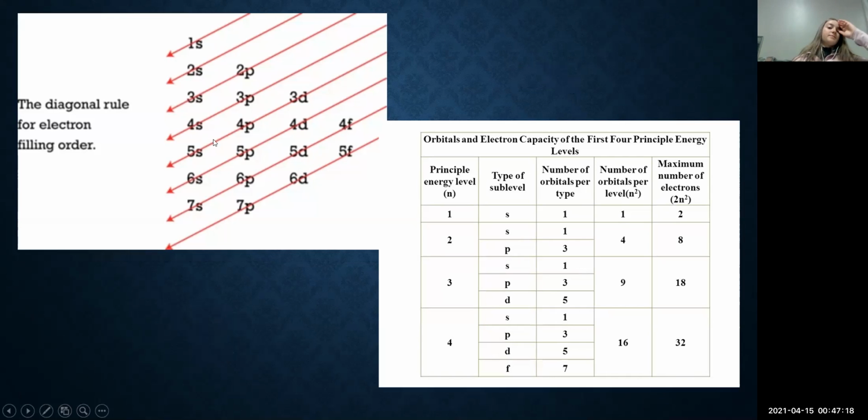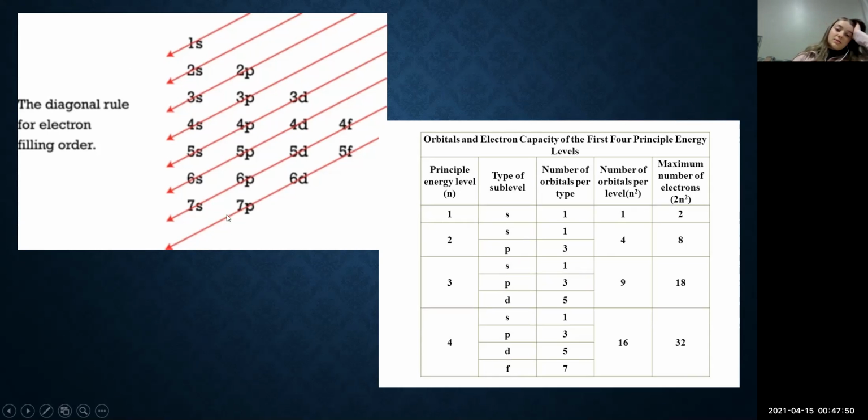But if you remember this little chart, this shows you from top to bottom the highest energy levels per orbital. So you just go S in the first column, P and D and F, and then just number 1, 2, 3, 4, 5, 6, 7, and then you draw lines through that.